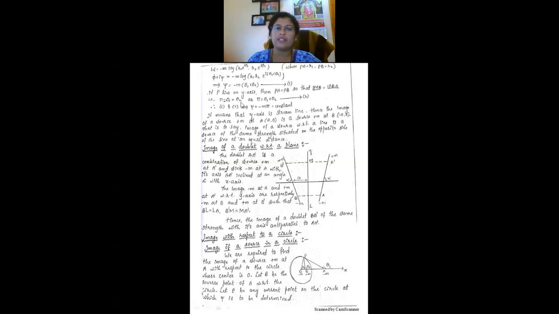Okay, any one condition should be satisfied. So from equation 1 and 2, whatever the result you got, that is psi equal to minus m into (theta 1 plus theta 2).